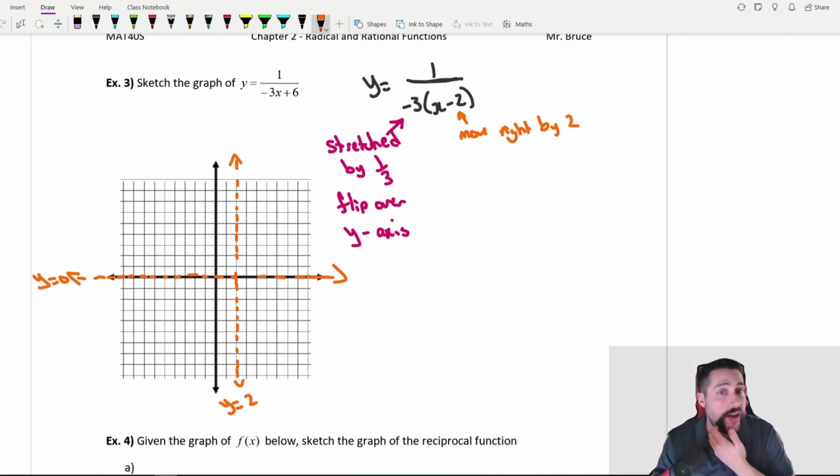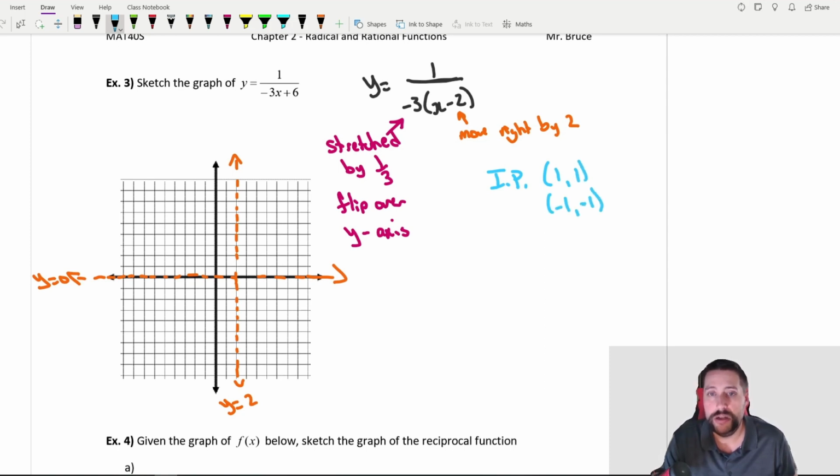Now if we look at our invariant points, again, it's (1, 1) and (-1, -1). If we apply these transformations, we're going to stretch them by a factor of -1 over 3, and then move them to the right by 2.